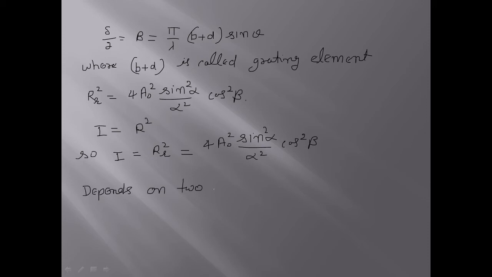One is E naught sine square alpha divided by alpha square, and the second factor is cos square beta. Let me discuss these two terms one by one.